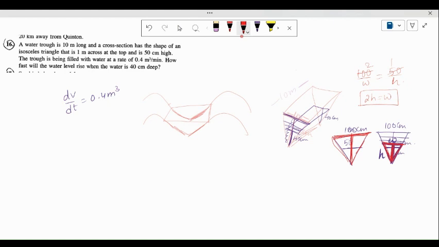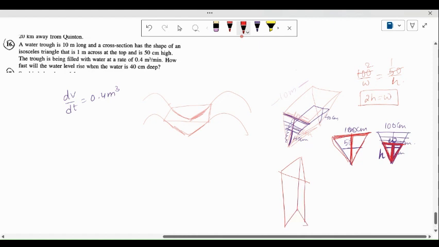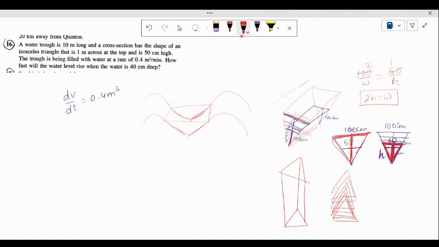Now we need to find the volume of this prism. Generally a prism, you just assume like this. The triangle is raised up. I'm keeping triangle on triangle, triangle on triangle, triangle on triangle, right?